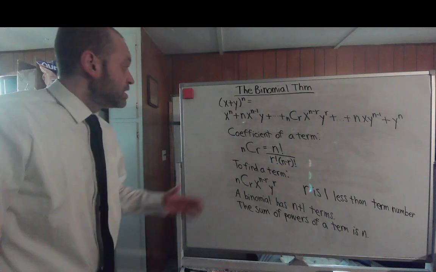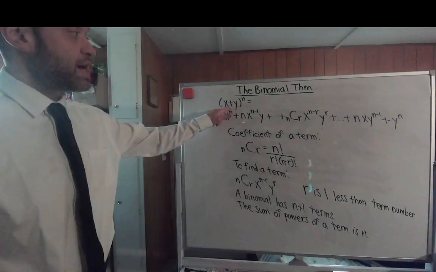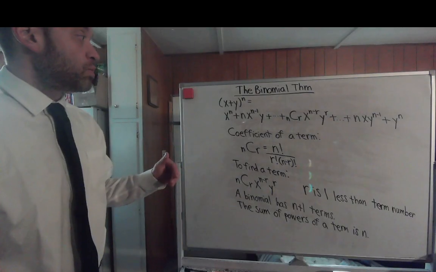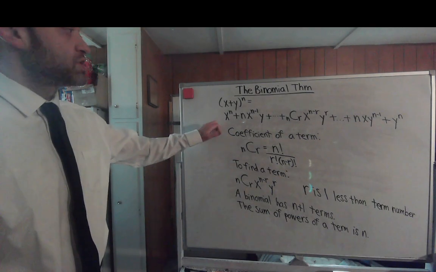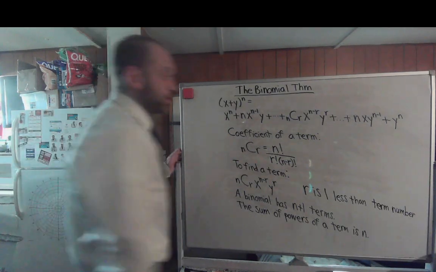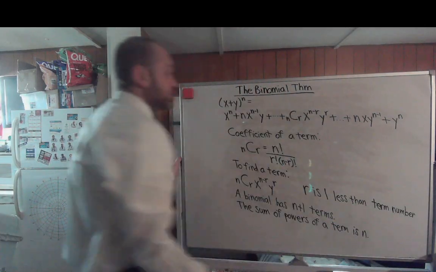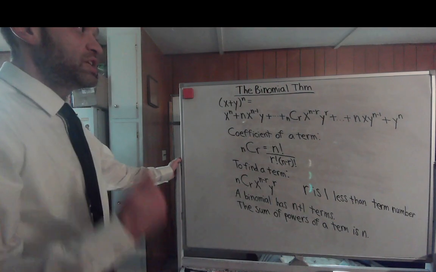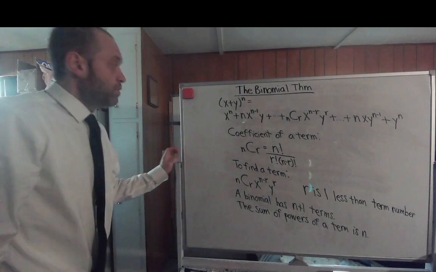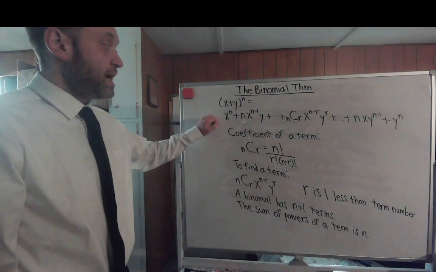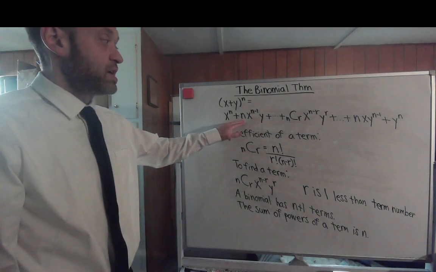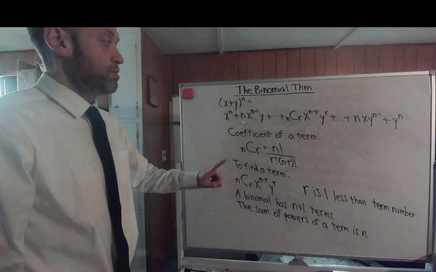So you have some arbitrary x plus y raised to the n power. Well, your first term is always x to the highest power, to the n. You end up with your last term always being y to the highest power. In between, once you raise x to the highest power, your very next term will have some coefficient on your x and y term.